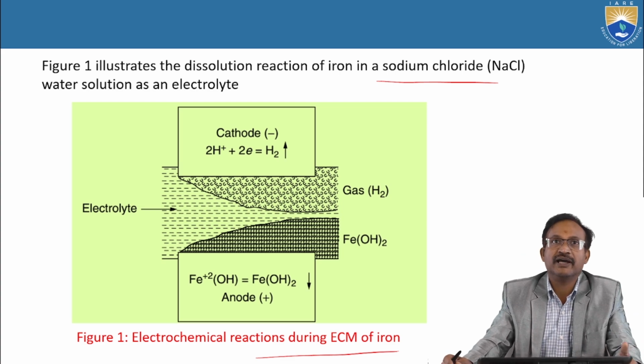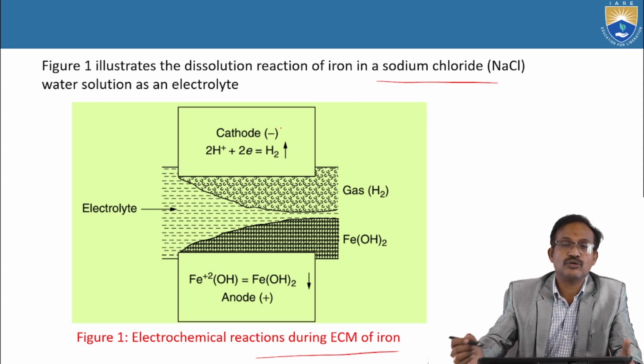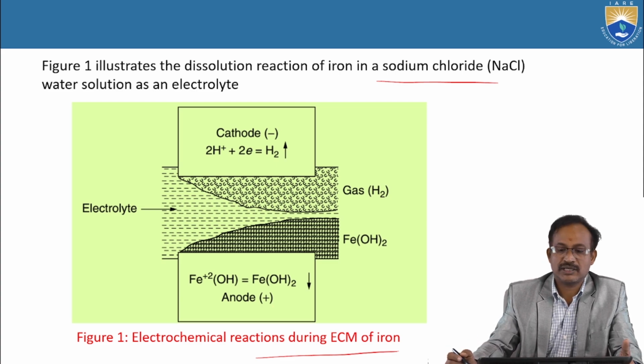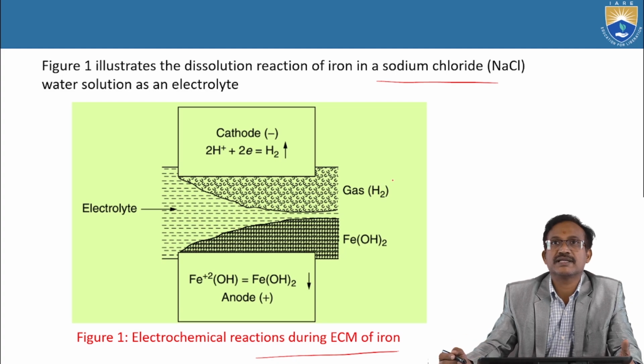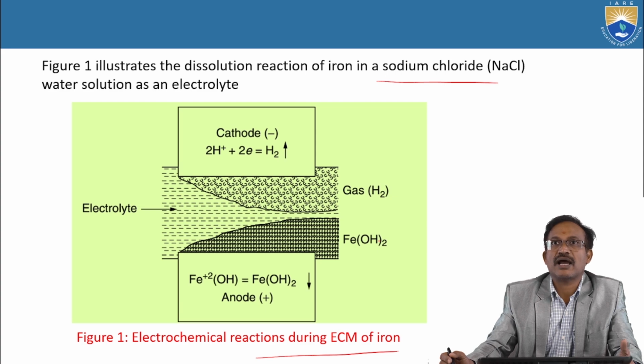Look at this figure. This is the electrolyte. Here the cathode is negative and the anode, the workpiece, is positive. Here is hydrogen gas H2, and here is ferrous hydroxide Fe(OH)2.